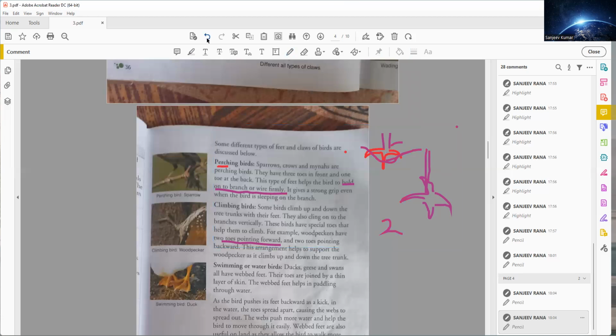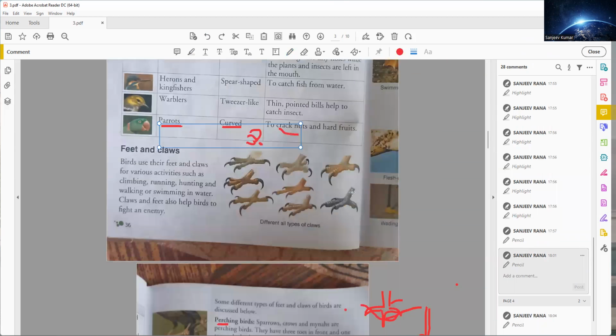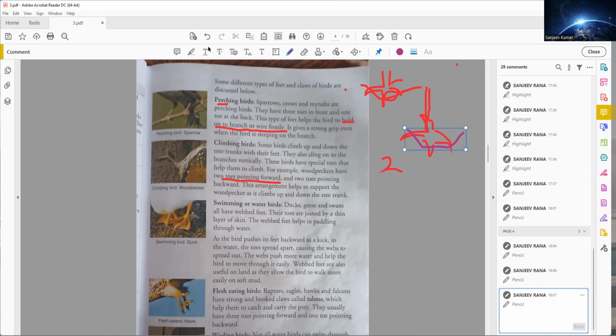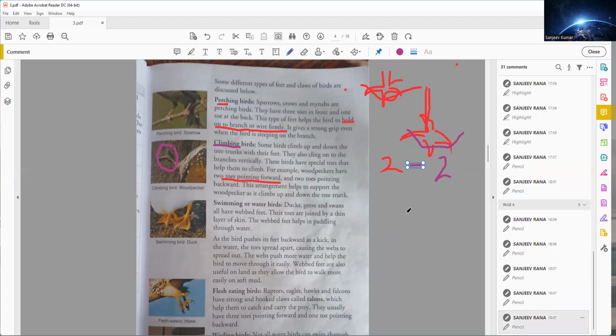So if we see how they climb, this way they are able to climb the tree trunk region, because of the front ones and two at the back. Here, two back and two front. With this, perching birds have 3 toes in front and 1 at back, total 4. And here in climbing birds, we have 2 in front and 2 at the back. This is how you should remember it.